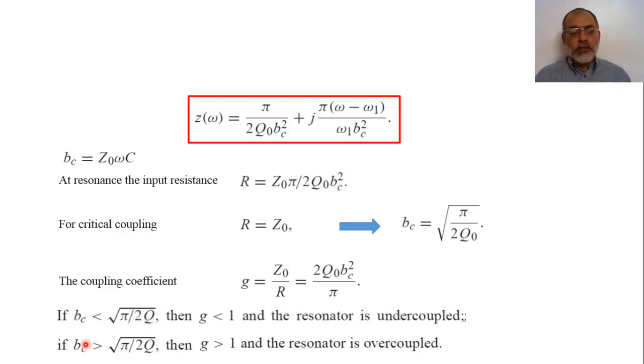On the other hand, if the value of BC is greater than the square root of pi over 2Q naught, then the coupling coefficient would be greater than unity, and in this case, the resonator would be overcoupled. This is how to excite a lambda by 2 printed line resonator capacitively coupled to a feeding microstrip line. All right? Okay.